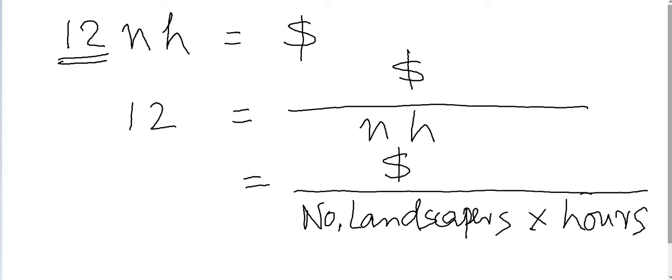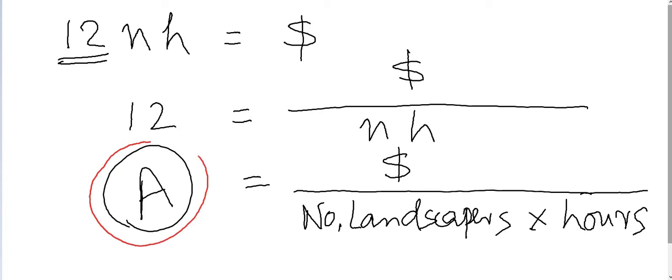So that's really the answer then. 12 represents the dollars per hour per landscaper. So the answer is A. This is a simple way to use units to help with the interpretation.